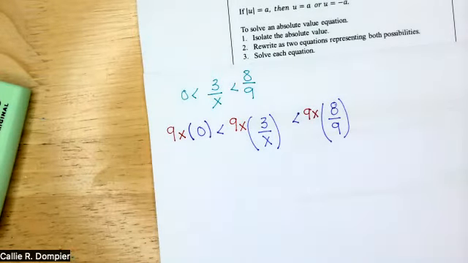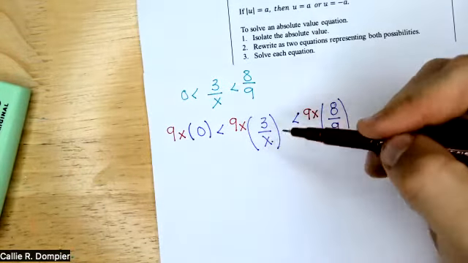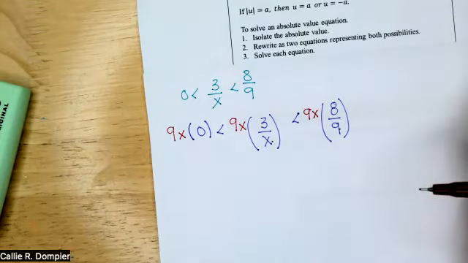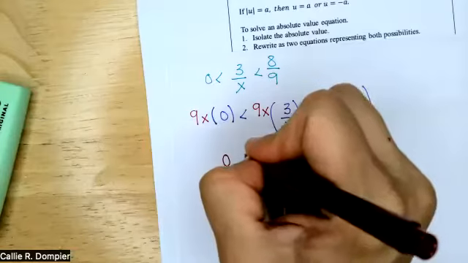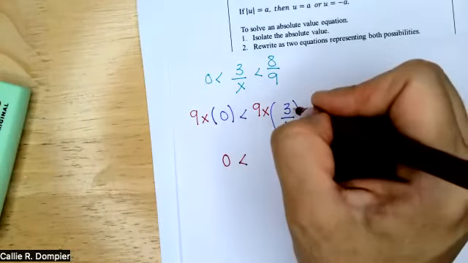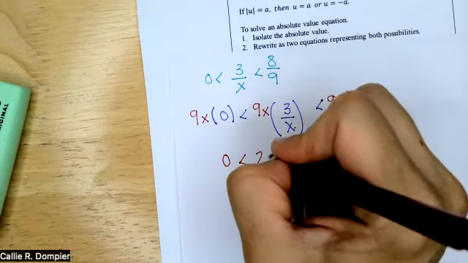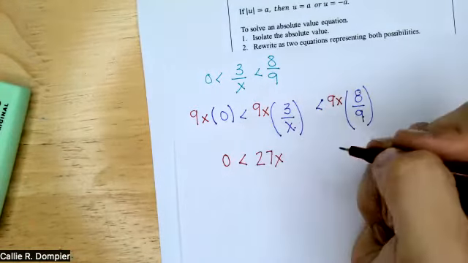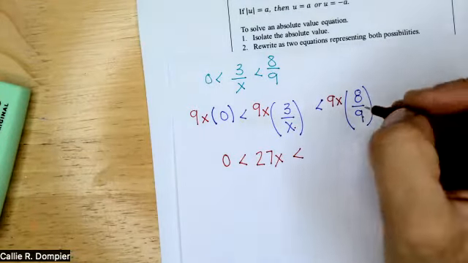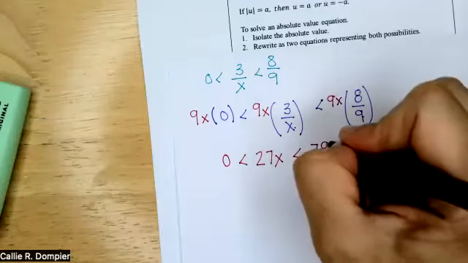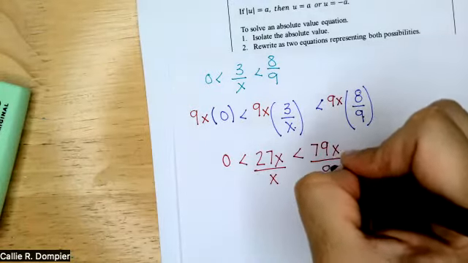Does that make sense? So this x will get rid of this x. This 9 will get rid of this 9. 9x times 0 is still just 0. The signs don't change. 9x times 3 is 27x. 9x times 8 over 9 is 72x over 9.